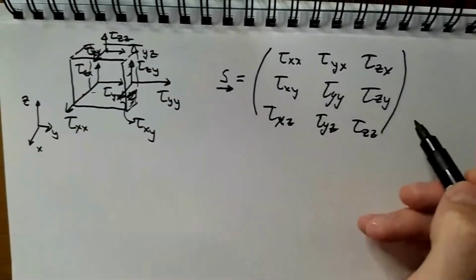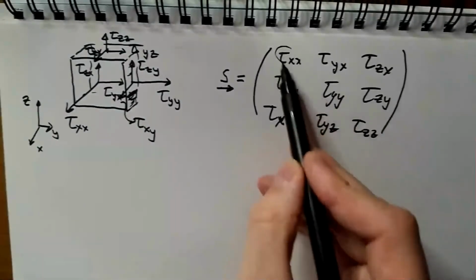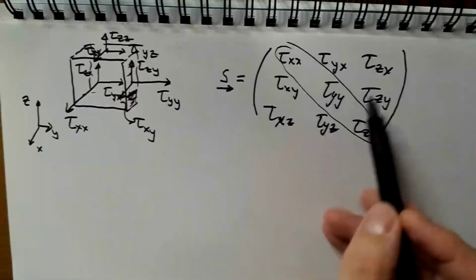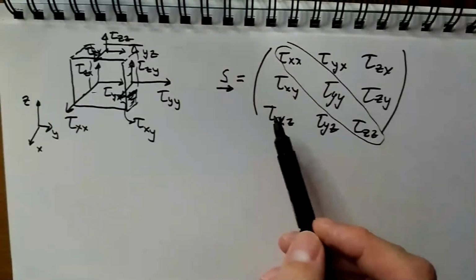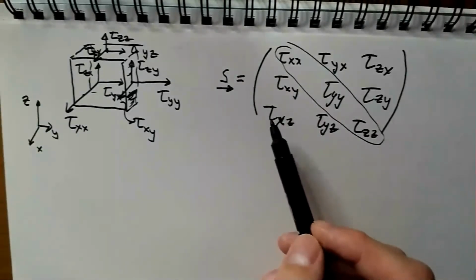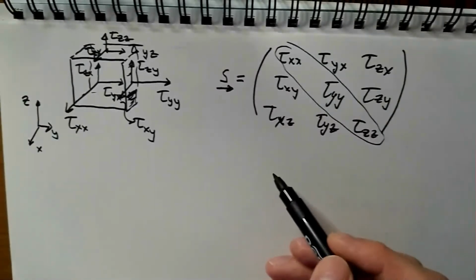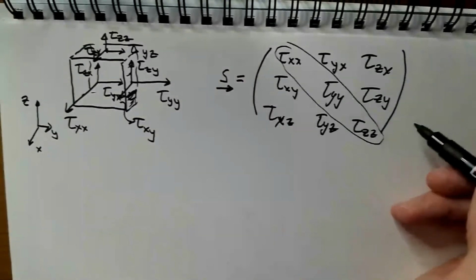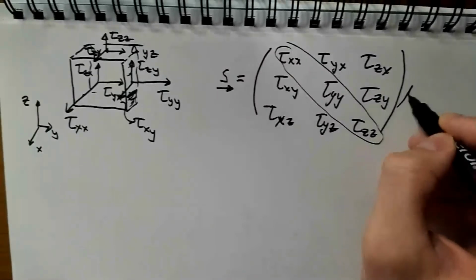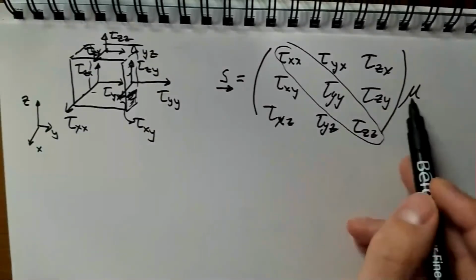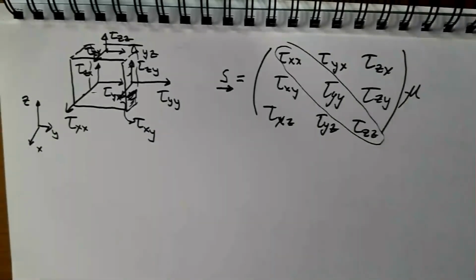Please notice that the normal stresses are on the diagonal. These are normal stresses. And the shear stresses are the off-diagonal elements. We also said in the previous videos on Newton's law of viscosity, link is in the description, that in the case of Newtonian fluid, stress is proportional, and the proportionality constant for stresses is this dynamic coefficient of viscosity mu. So I can multiply this with mu to get my stresses for a Newtonian fluid.